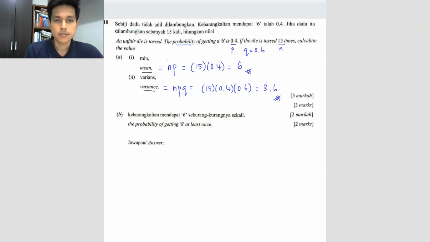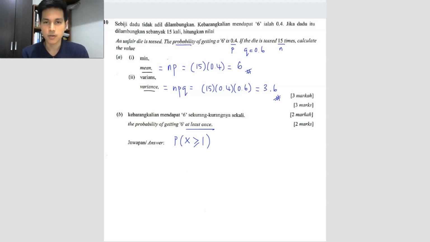Okay, next, the probability of getting 6 at least once. That means they want the probability of getting the x value, right? The x value at least means more than or equal to 1, right? They say at least once, that means minimum is 1, cannot be lesser. So you must get either 1 or more.